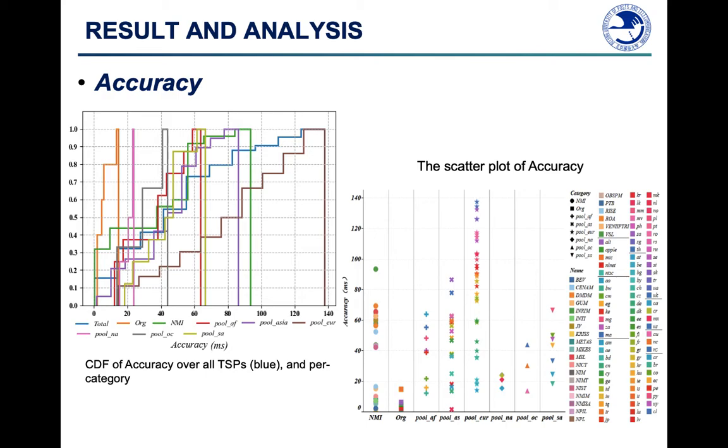It can be seen in the scatter plot of each time service provider's accuracy that the accuracy of services provided by the commercial organization varies from 1.8 milliseconds to 14.5 milliseconds, which fulfills the requirement of time synchronization for industrial automation.